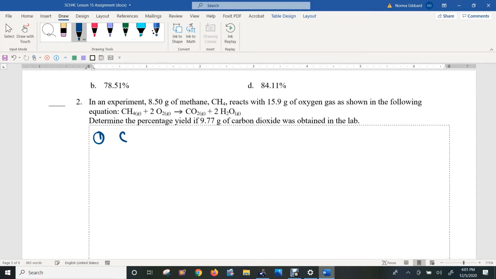And it's going to be the CH4 plus O2 produces CO2 plus H2O.